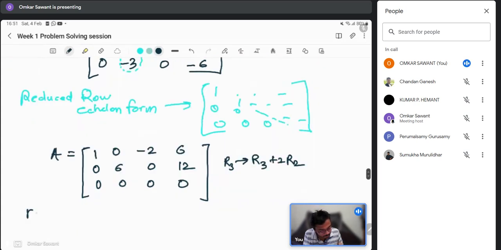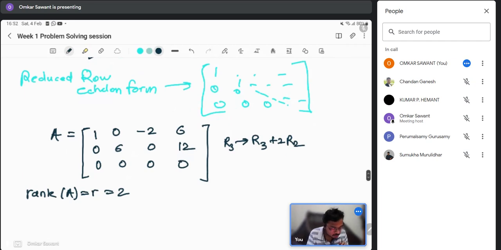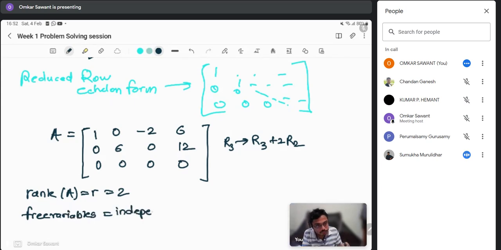What is the rank of the matrix A? 2, sir. 2, correct. Then, what are the free variables here?